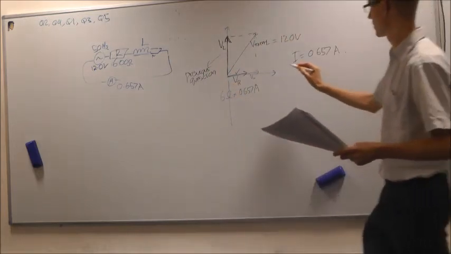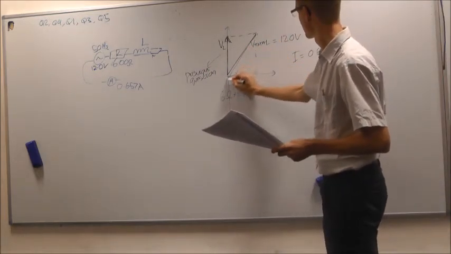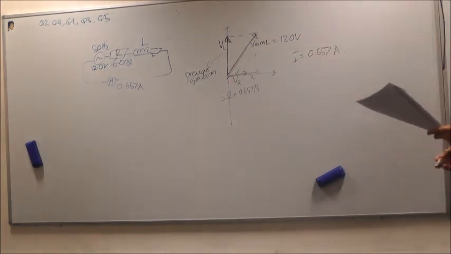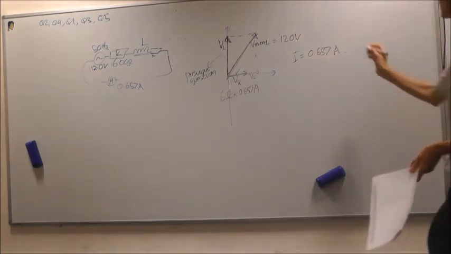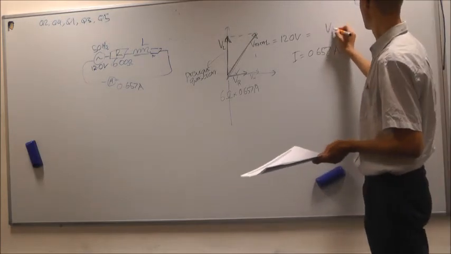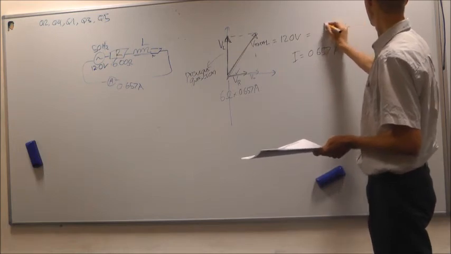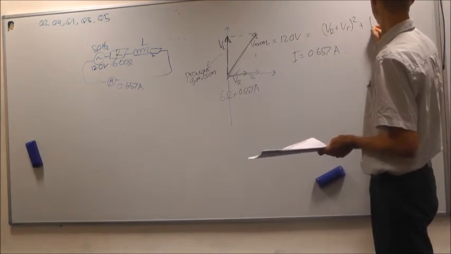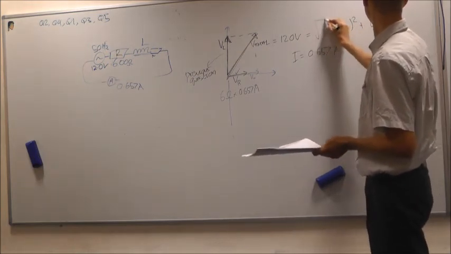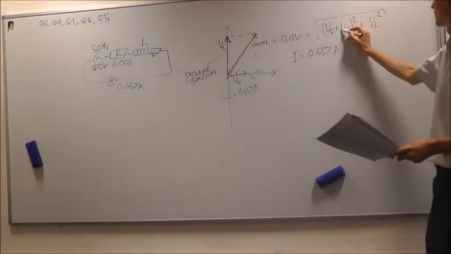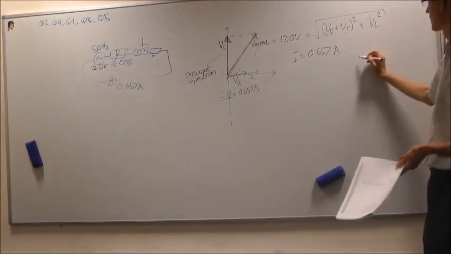We also know that V total, 12 volts, is going to be equal to the square root of VR big R plus small r squared plus VL squared. So we have an unknown there.